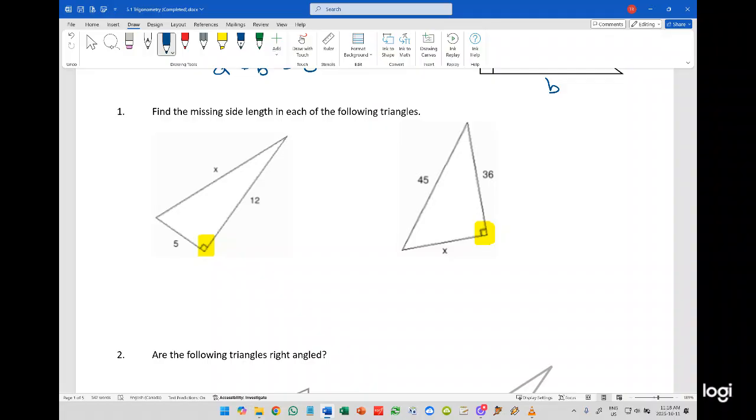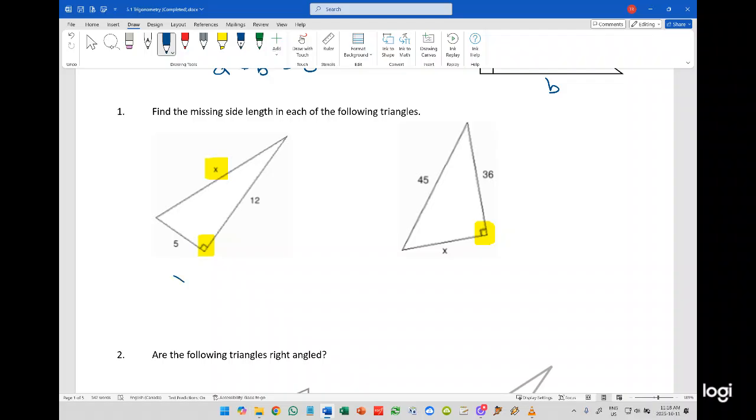Now, I can change the variables a, b, and c. I mean, I could have written the theorem as x squared plus y squared equals z squared if the legs were x and y and the hypotenuse was z. In this case, I'm not even going to bother worrying about what I call them. I'm just going to say that we definitely have the legs of 5 and 12 and the hypotenuse of x.